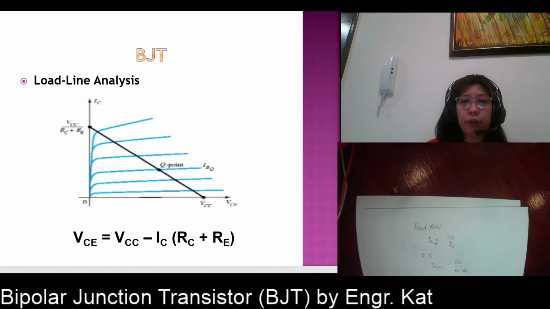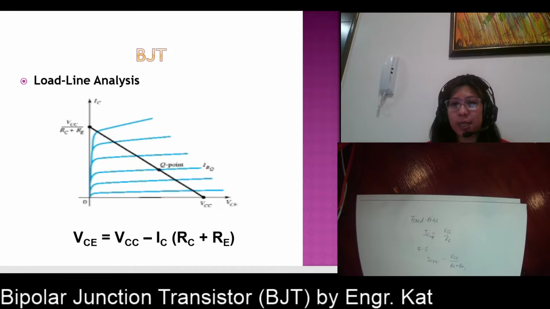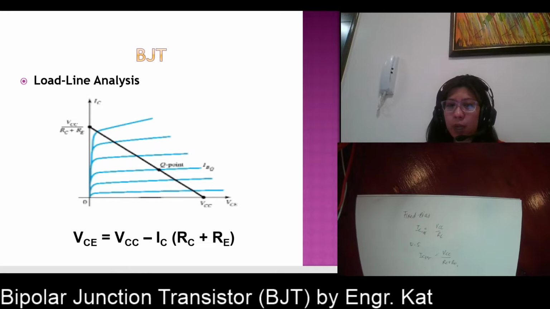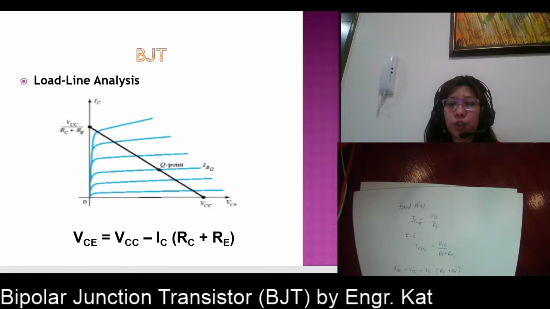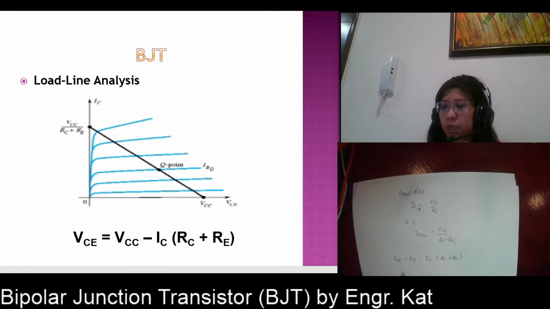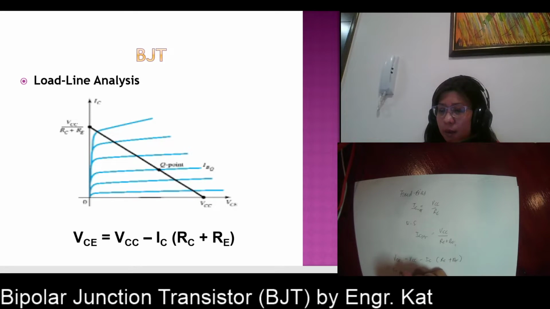Okay. Another thing is the load line analysis. Since in the load line analysis, we have our output value, which is VCE equal to VCC minus IC times RC plus RE. So we can establish your 2 points by using this specific formula. Okay, so when we set IC equal to 0, so what do we have?